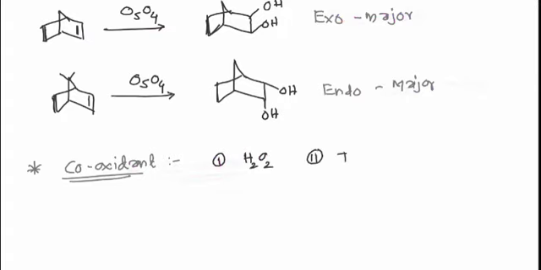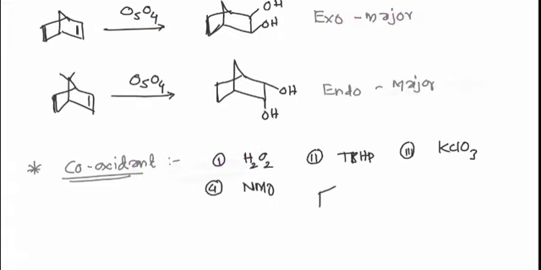The second one is tertiary butyl hydroperoxide. The third one is potassium chlorate, that is KClO3. The fourth one is NMO, that is N-methyl morpholine.